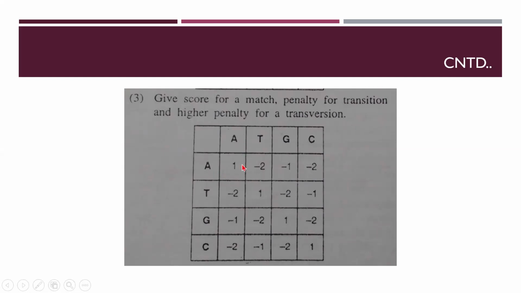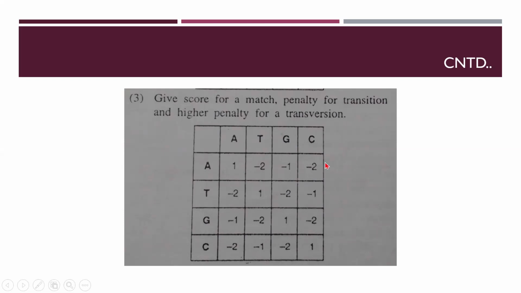So if there is a match, give a positive score of 1. If A is substituted with T, it is not a transition, it is a transversion, so the higher penalty, -2. If A is substituted with G, you all know A and G are purines, so in that case a lesser penalty, that means -1.